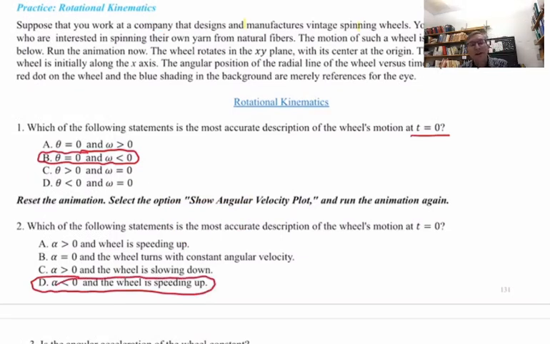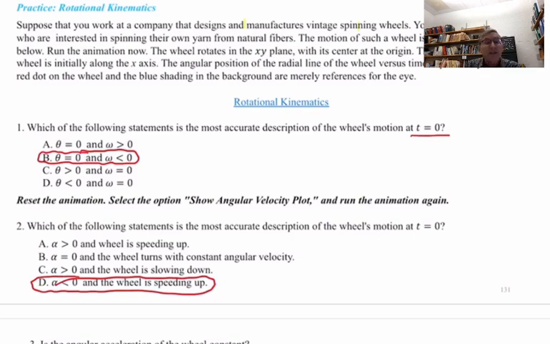Now let's make sure we understand the rest of that statement in D. It says, and the wheel is speeding up. You see why that's true? Remember how you know if a wheel is speeding up as it rotates? The angular velocity omega and the angular acceleration alpha have the same sign.